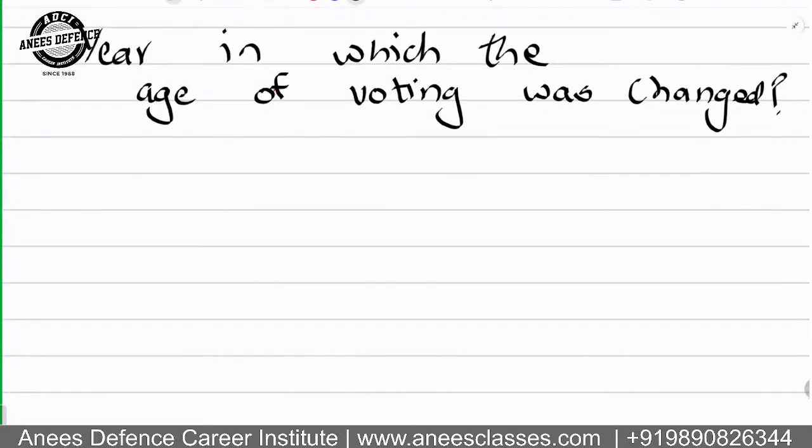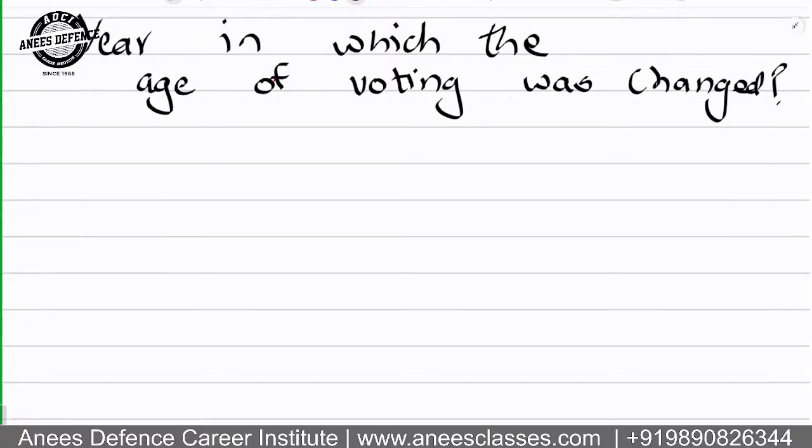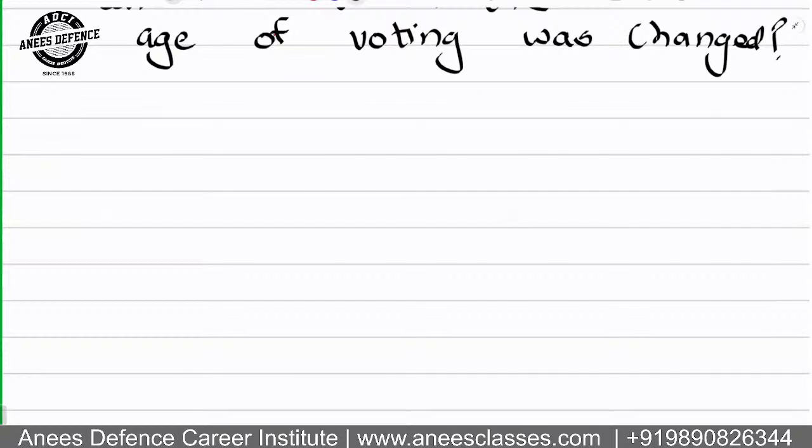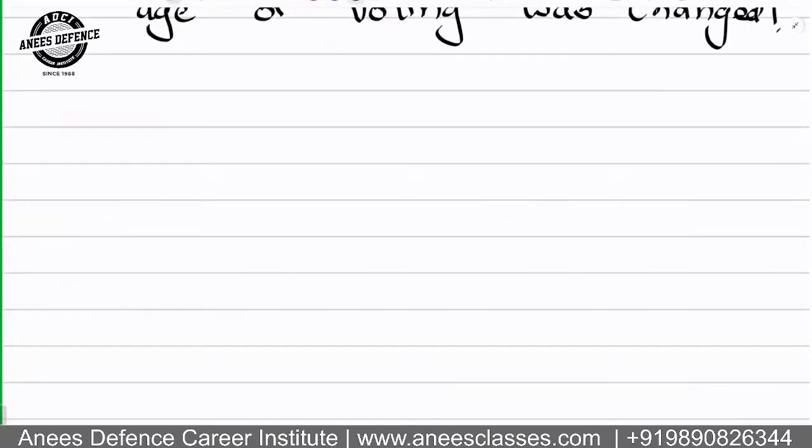And what is the age of marriage? For girls, the age of voting is 18, and for boys, the age of voting is also 18. And for marriage, for boys, the age of marriage is 21, and for girls, it is 18. Previously, it was 16.